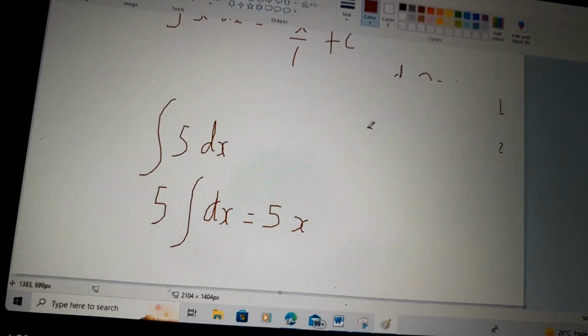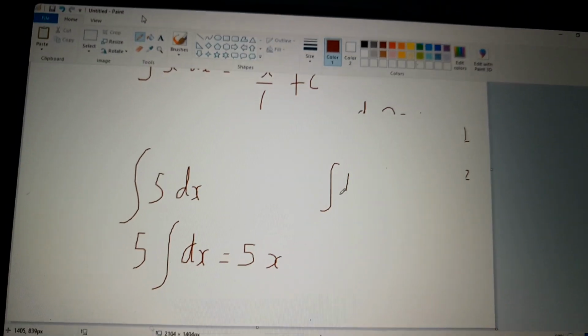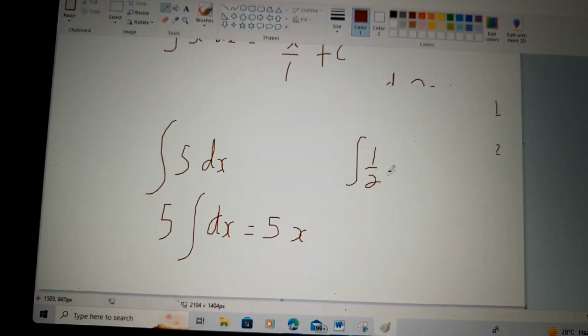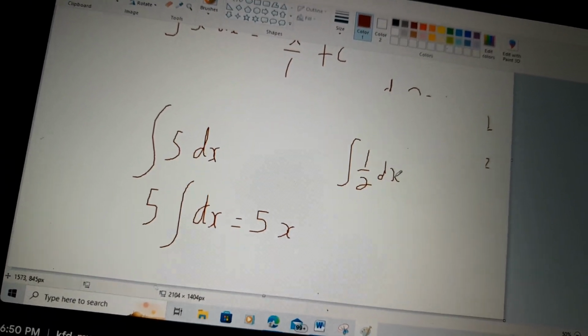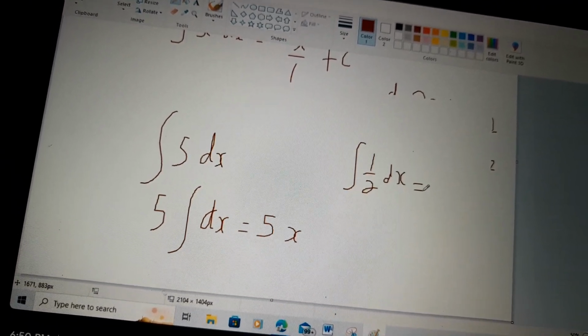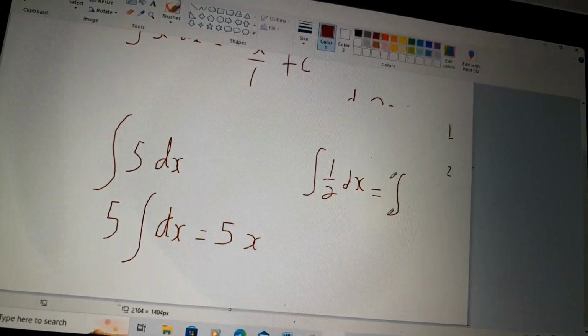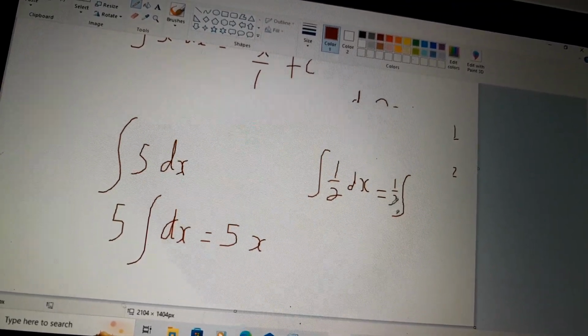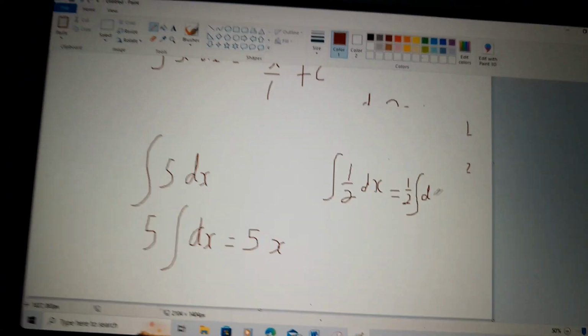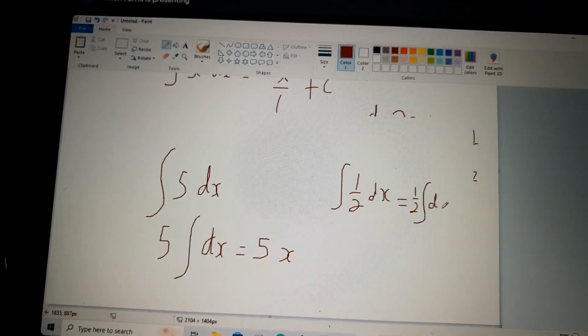So if you get something like the integral of half dx, you can write it as half the integral of dx. And remember that the integral of dx is x.